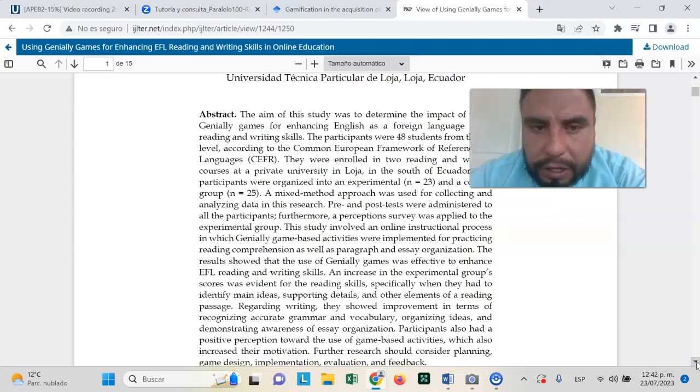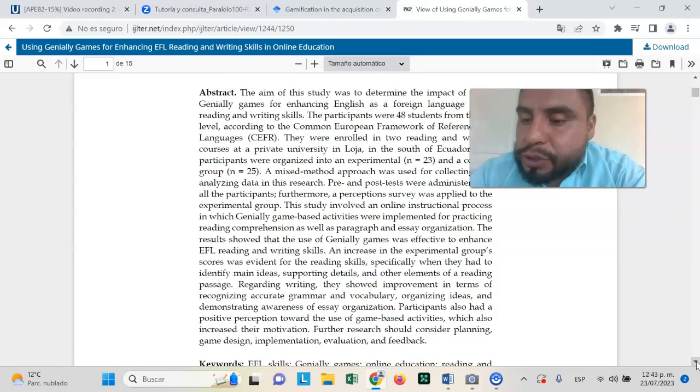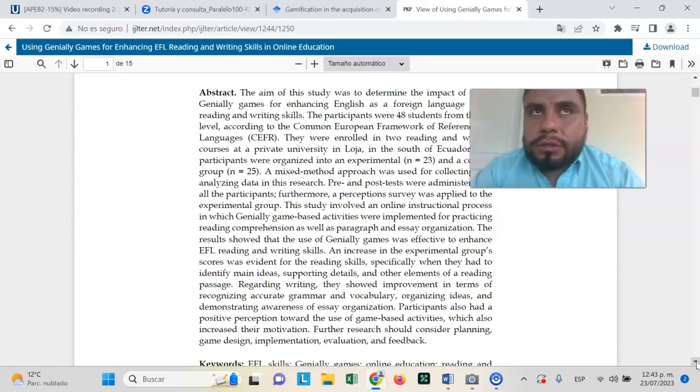Here, first we have the abstract part. In the abstract part, this is a summary about the journal article, or what the journal article is about. This journal article is about how digital games, or how activities like games, improve the teaching and learning of a new language process.